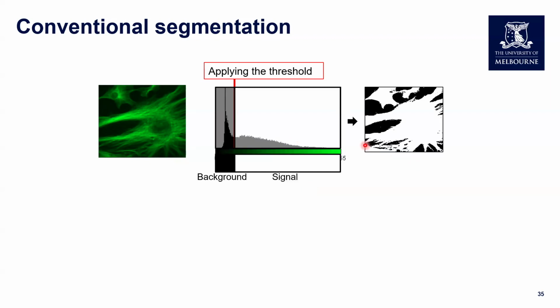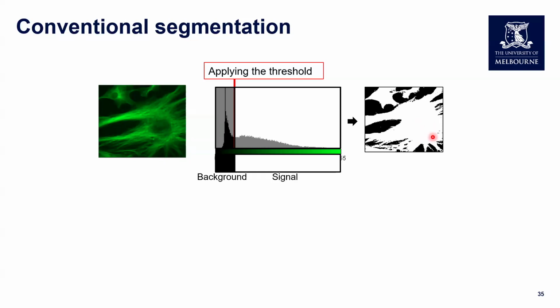Then we can generate a binary image. The thing is that during this step, other people may have a different idea and set the threshold to a different value, and this will produce a very different result. This inconsistency is especially a problem if you are measuring the area of the cells, for example.